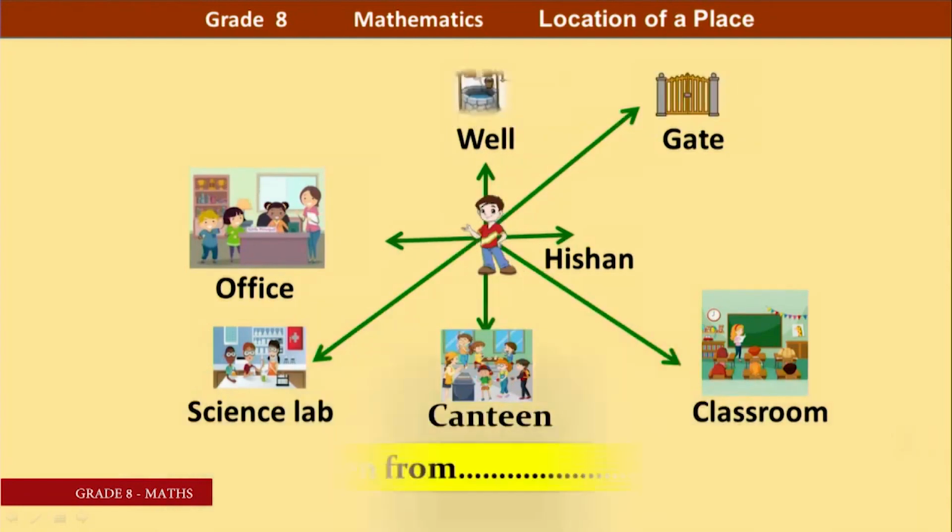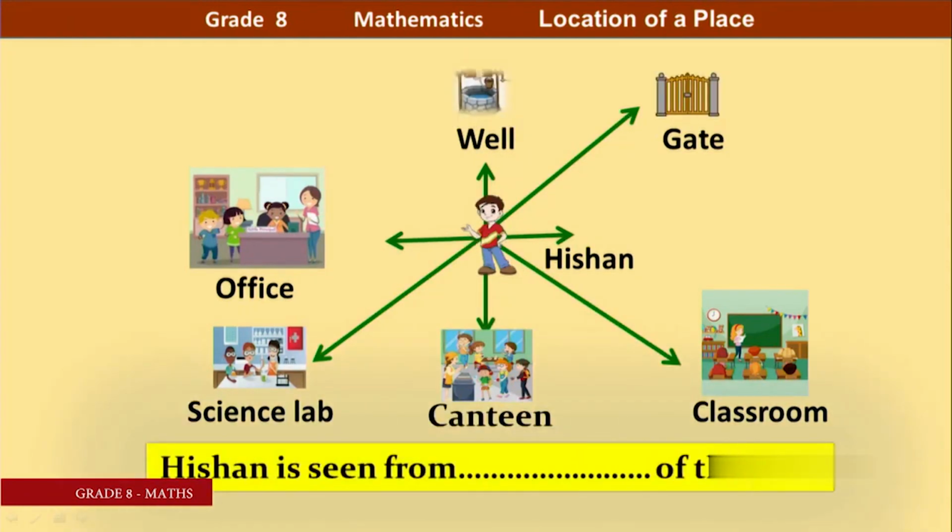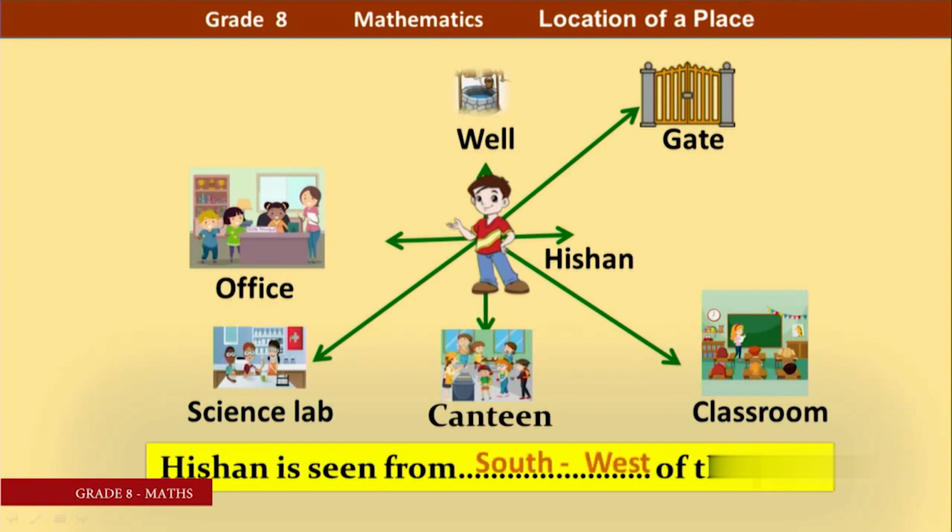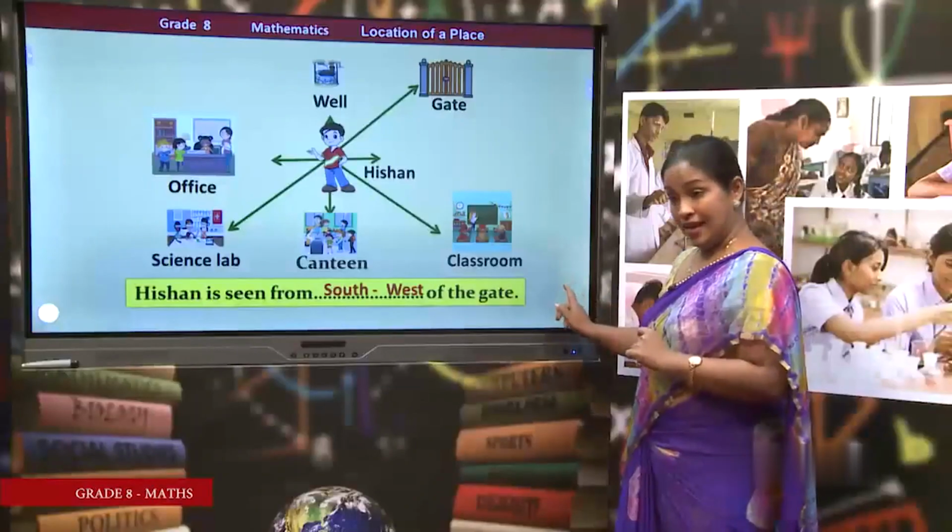Next, we are going to compare the position of Hishan as seen from the gate. Yes, we try to identify the direction. Now, you are at the gate, you are looking at Hishan. What is the direction? Yes, you are correct. So, Hishan is seen from southwest direction of the gate.